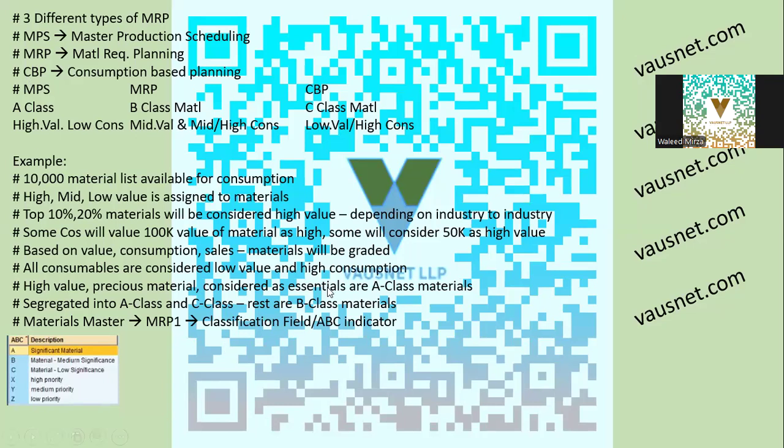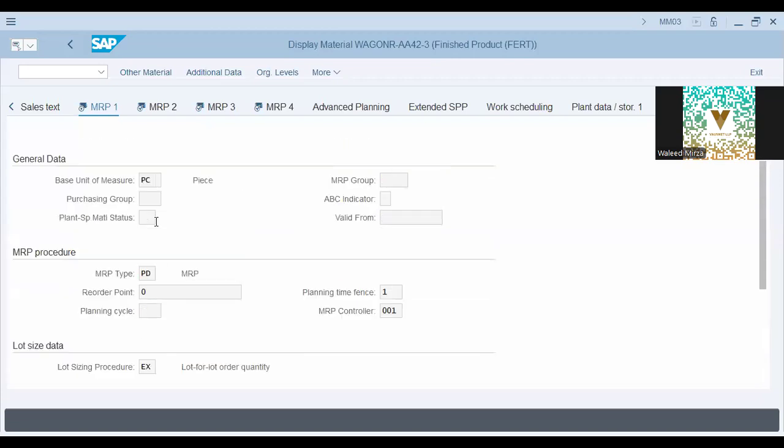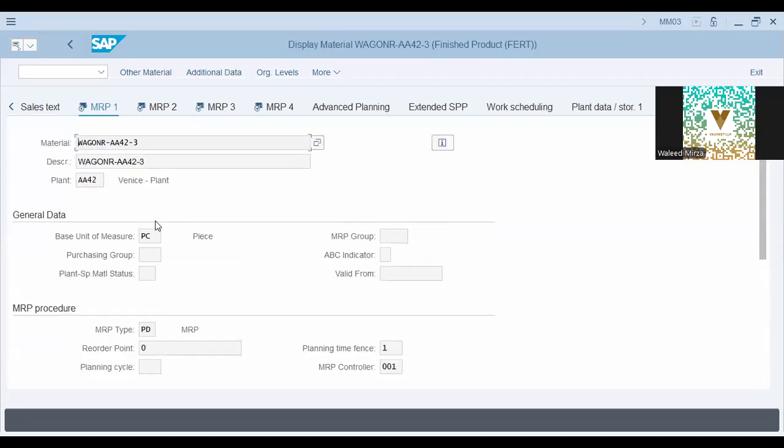High value precious materials are considered as essentials, and those are graded as A class materials. And it's segregated into A class and C class. The rest are B class. So we have the material master MRP1 classification field, ABC indicator. So let's see what that is. MRP1.